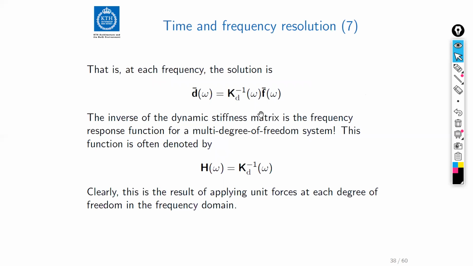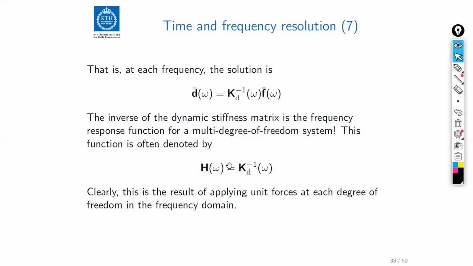So this equation here characterizes the behavior of our system. And actually, we use this very much without thinking about it. So if we would compute these inverses for all relevant frequencies and put them together in a three-dimensional matrix, then we would have what is called the frequency response function of the system.